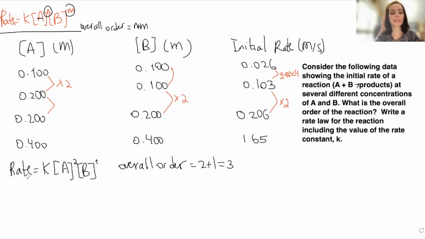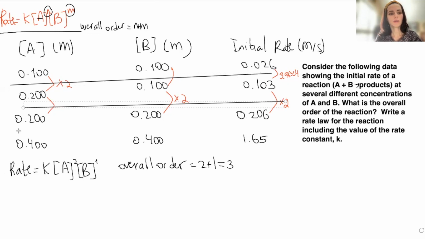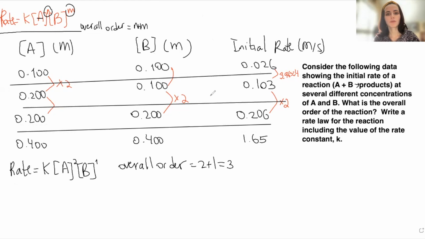Okay, so to find K, we need to plug in one of the existing concentrations and rates in our equation. So as you notice here, we have 1, 2, 3, and 4 different measurements. So I can pick any one of those to use in my formula. So for example, I can pick the first one, right?